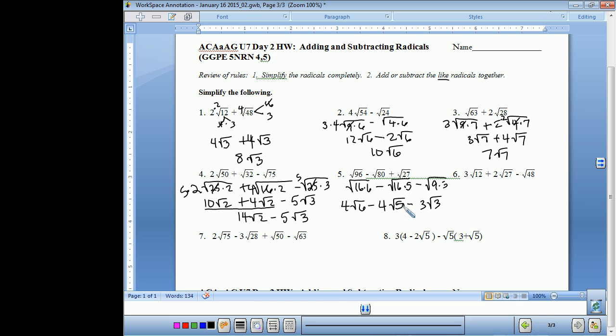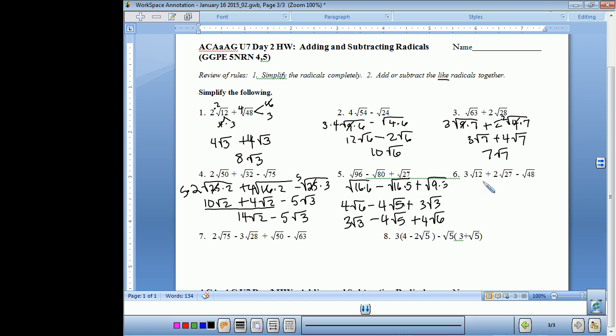And because each radical is different, we cannot combine any more terms. We are done. You could list them in order from least radical to greatest. So you could write it like this: negative 3 roots of 3 minus 4 roots of 5 plus 4 roots of 6.